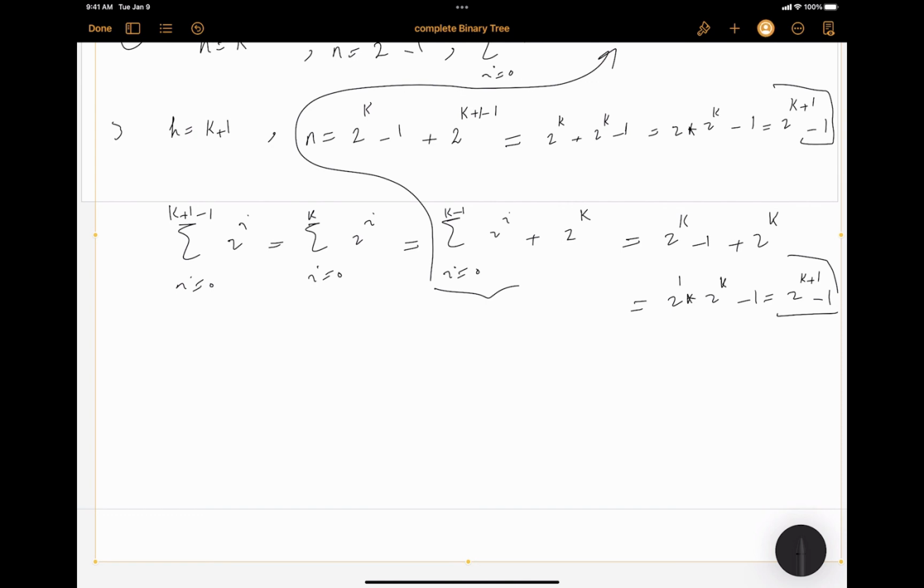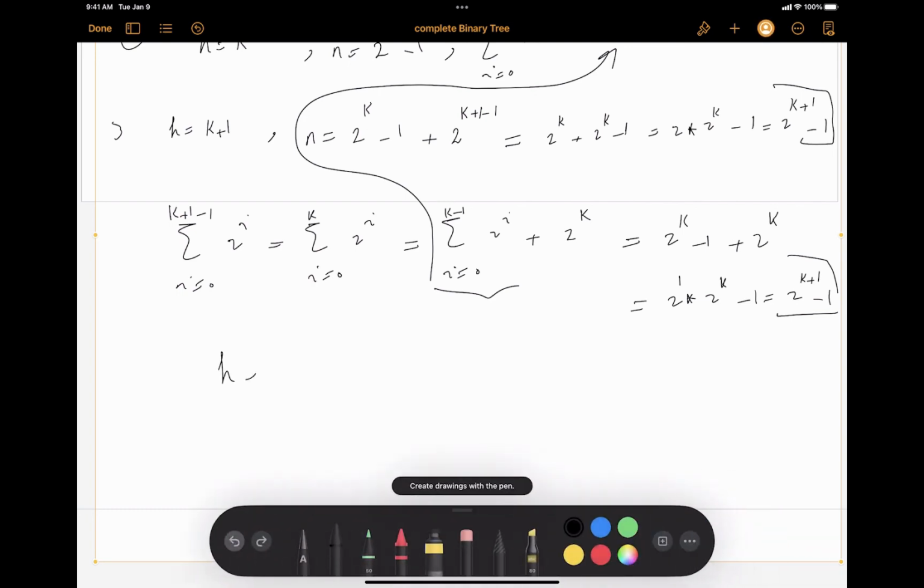So we can see that if n is equal to 2 to the power h minus 1, then h is equal to the logarithm of n plus 1 in base 2. Which again will be used later when we're also going to talk about binary search trees.